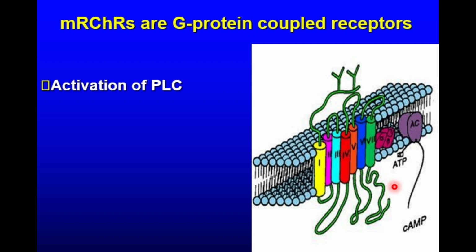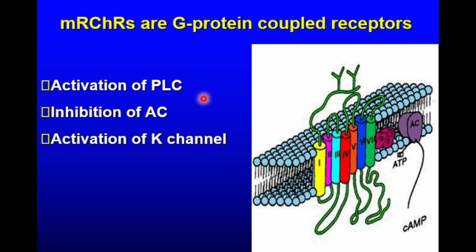For example, it may cause activation of phospholipase C, inhibition of adenyl cyclase, activation of potassium channel, or inhibition of calcium current.